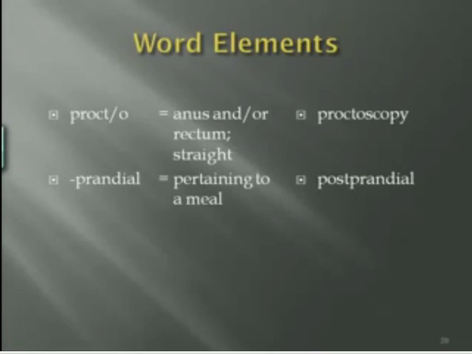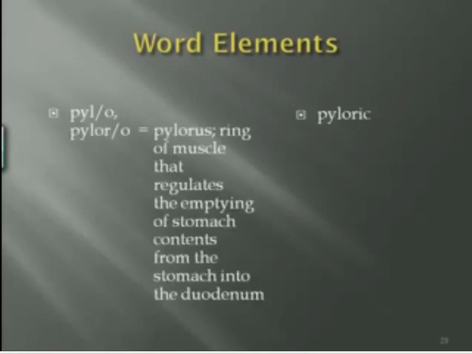A proctor during a test keeps you straight. Also, procto means anus and or rectum, so you would go to a proctologist. You've heard of that. Prandial is talking about a meal, so postprandial, you take your medicines after you eat.